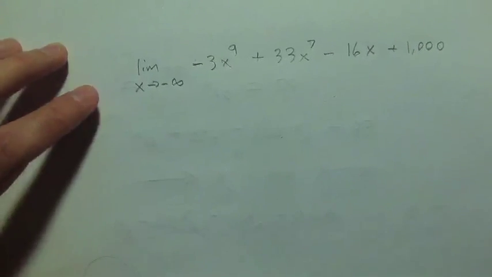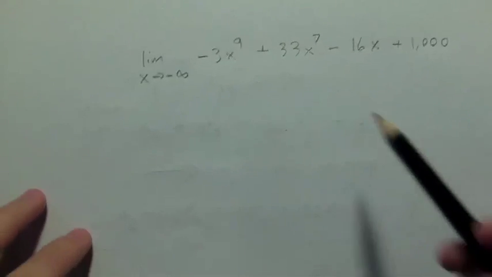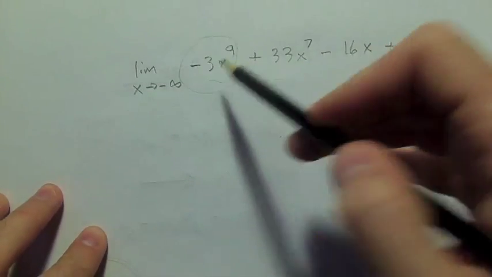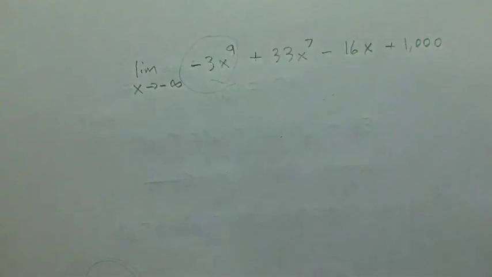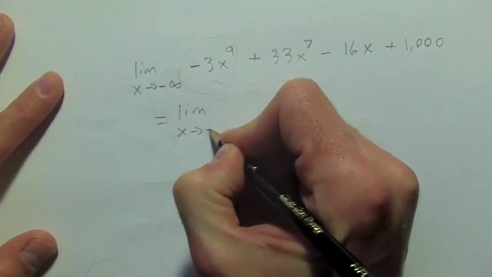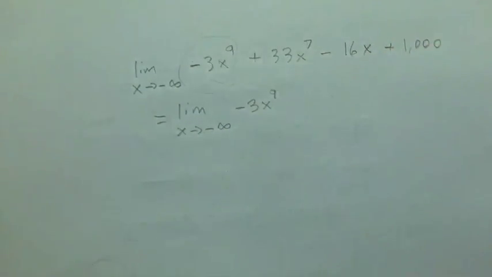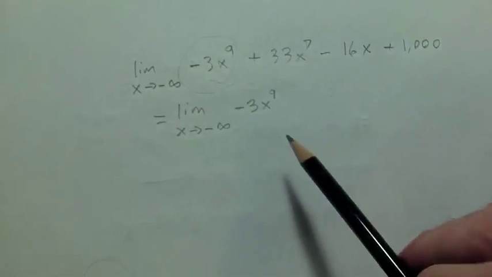The only thing that really matters, and keep in mind this is only true for limits at infinity or negative infinity, is the highest power of x that we see. This limit is equal to the limit as x goes to negative infinity of negative 3x to the 9th.